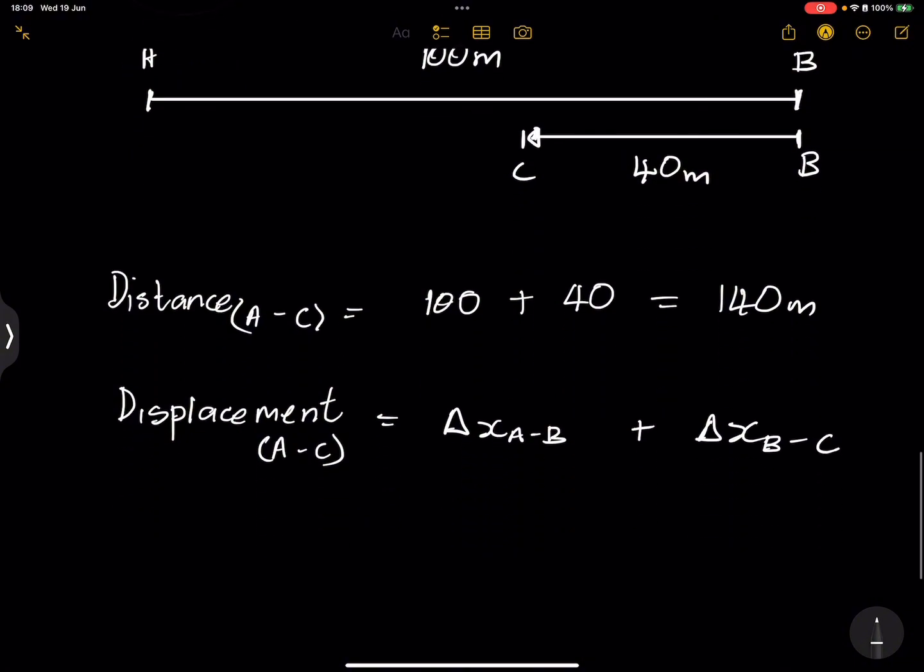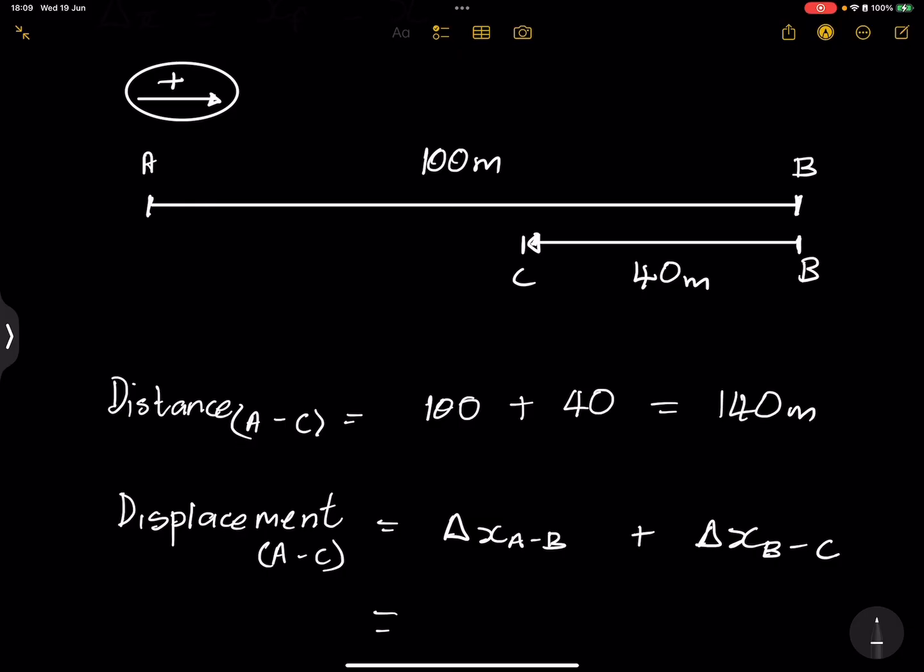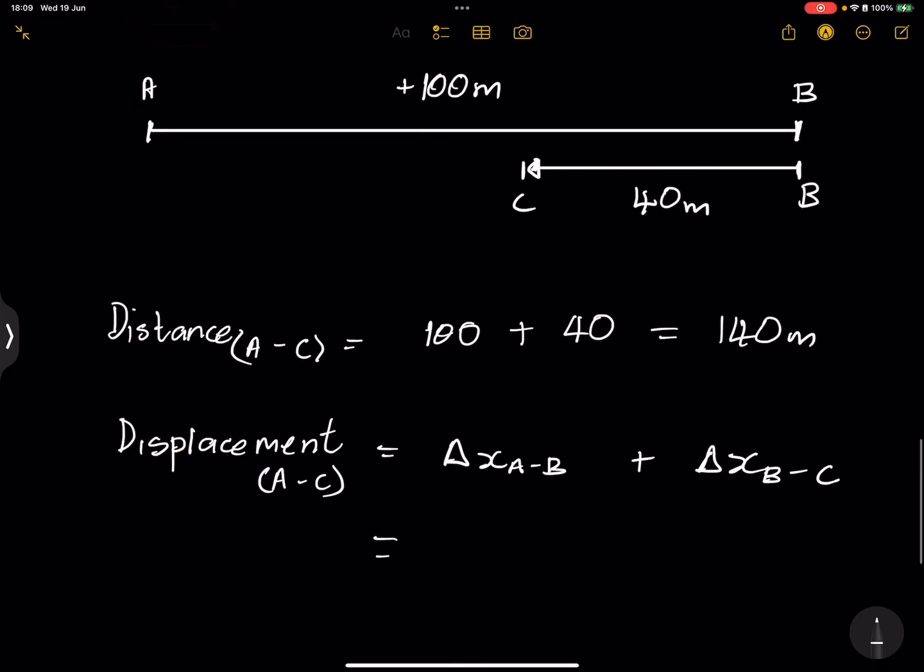Now, very important, ladies and gents. In this case, it means that they were displaced 100 meters in the positive direction from A to B, plus, in this case, now we are moving in the negative direction. We are going from B till C. So we add there. Remember, it is a vector.